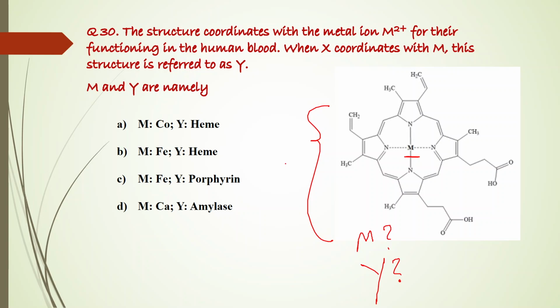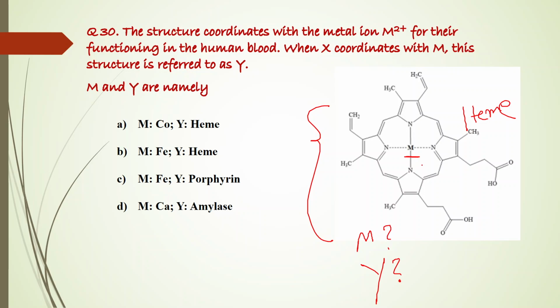After the Fe2 plus is attached with porphyrin, what is this entire structure called? It is known as heme.